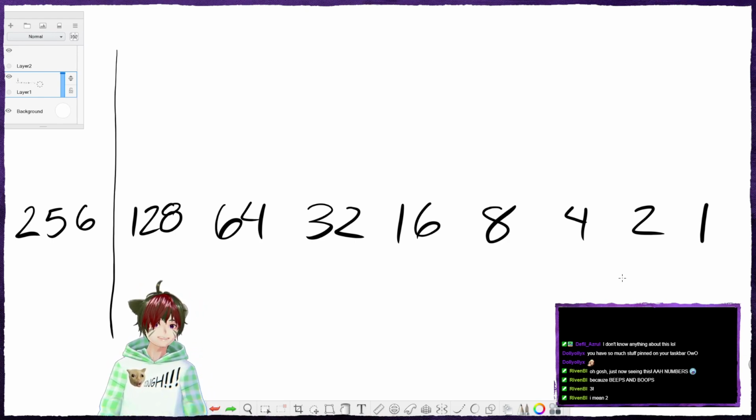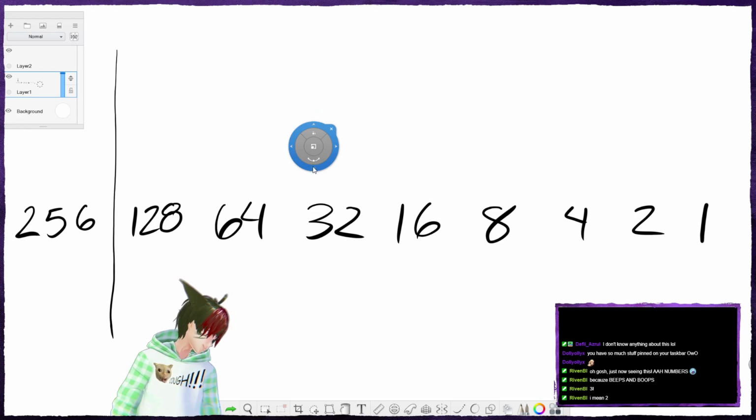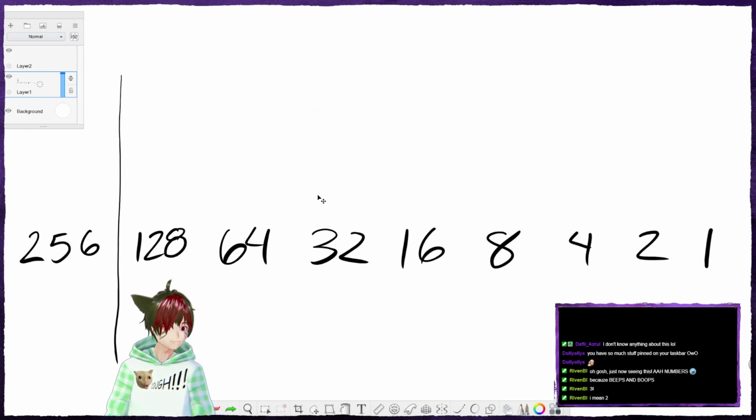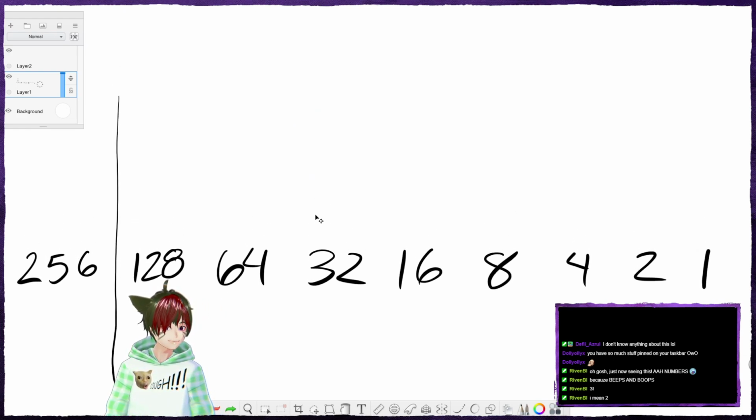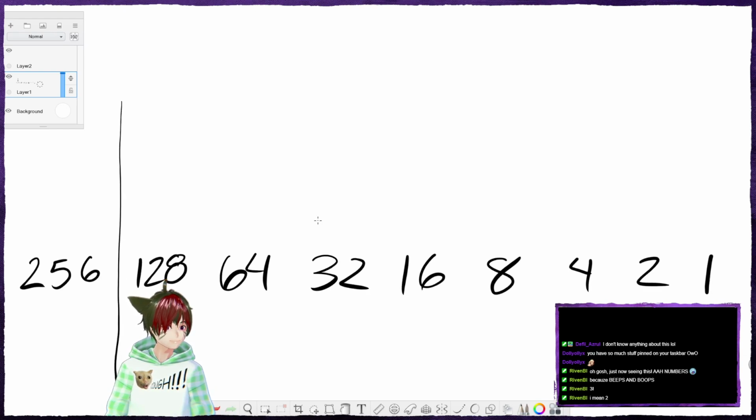As an IT, you only learn how to count up to 255. So, the reason why this is important... hold on, let me... Okay, let's move this down here.